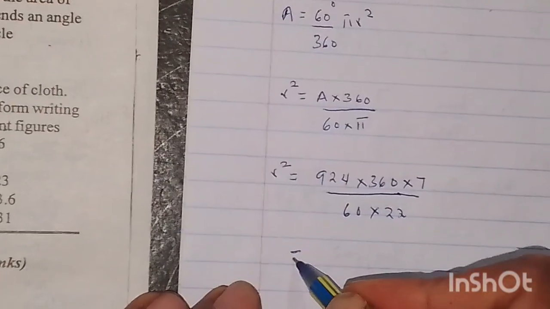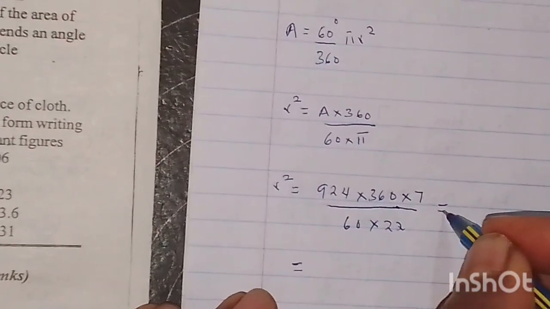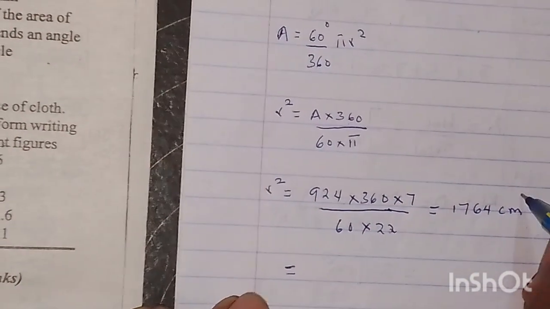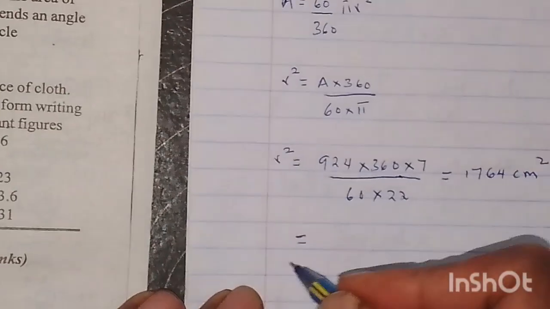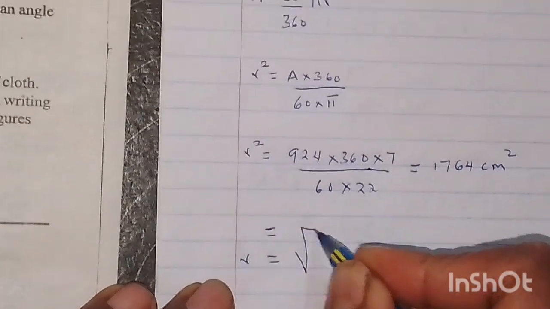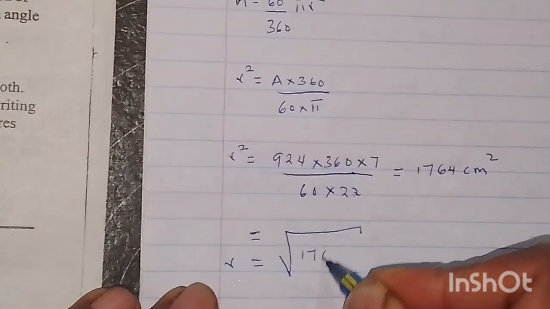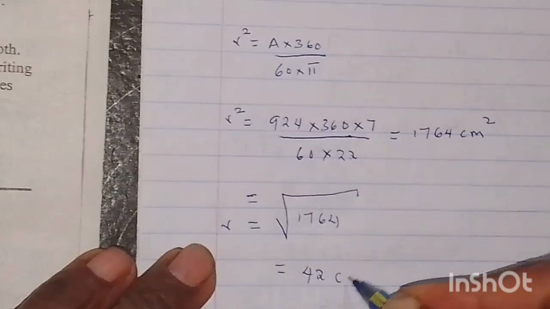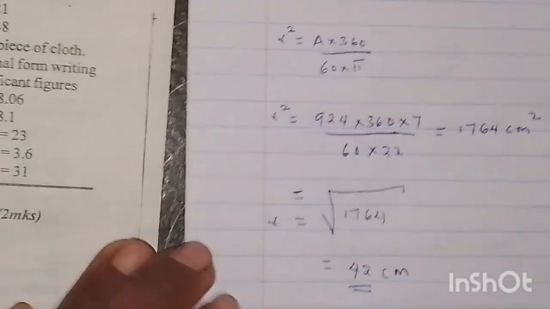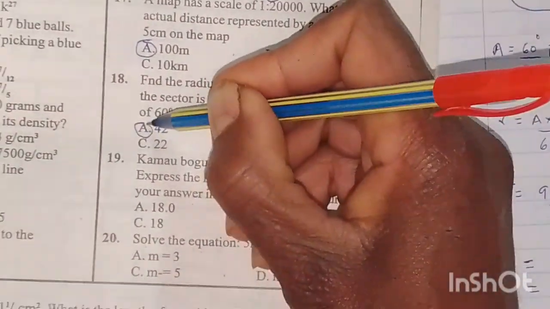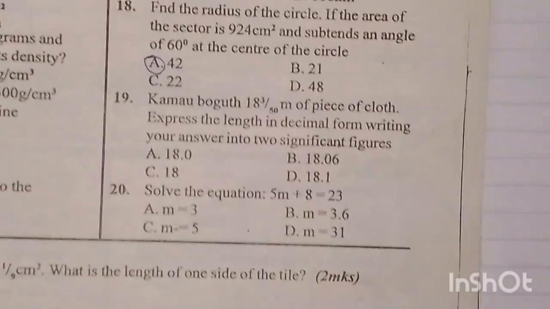Now the answer to this is equivalent to 1764 centimeters squared. Therefore the radius is equivalent to the square root of 1764, which is equivalent to 42 centimeters. The answer is 42. From our answers, answer A is correct because it's 42. The answer is A.